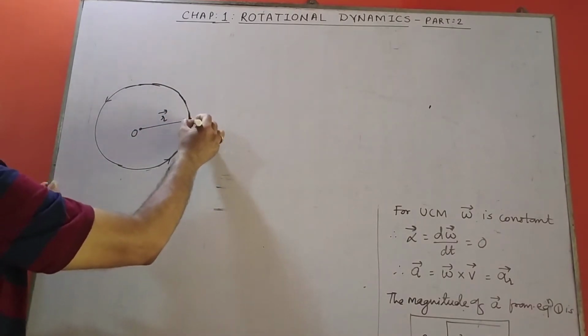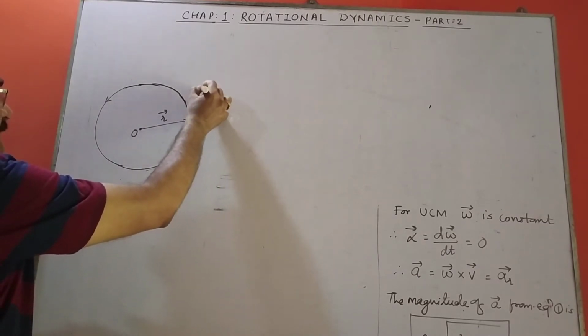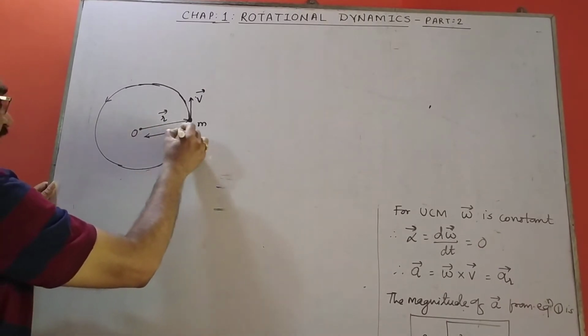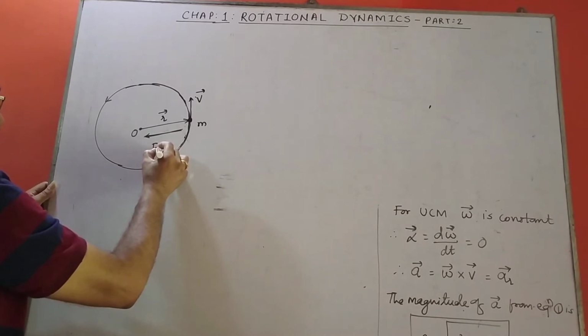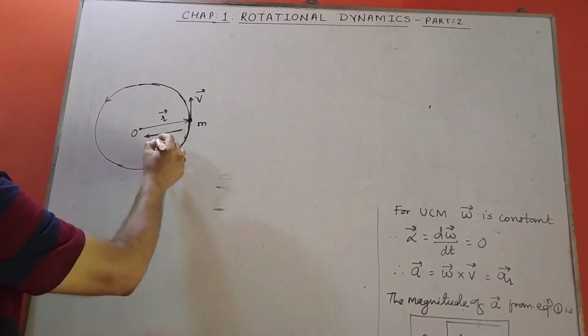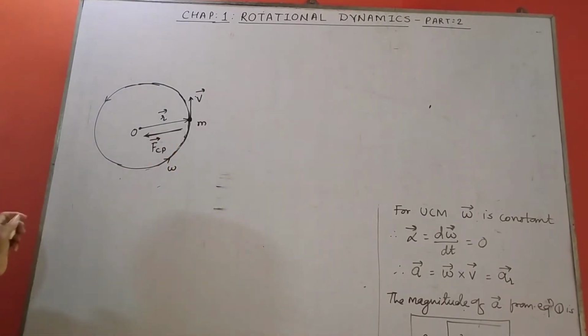On that particle, if m is the mass and v is the tangential velocity, then the force acting on this particle directed towards the center is called the centripetal force. It is F suffix Cp.